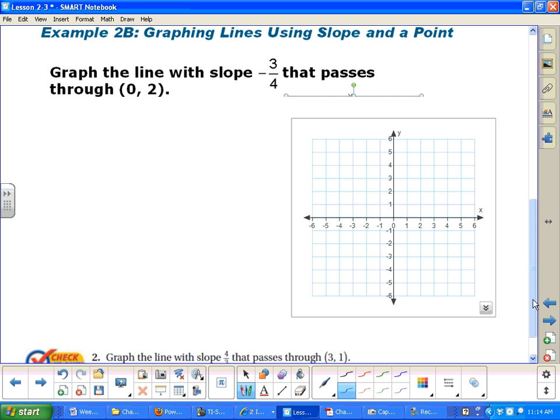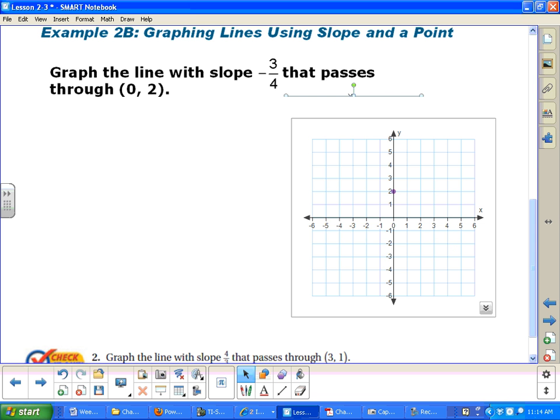Okay, here we have the line with a slope of -3/4 that passes through the point 0, 2. So once again, we will graph the point first, 0, 2, and that is on the y-axis. So I have a y-intercept of 2.